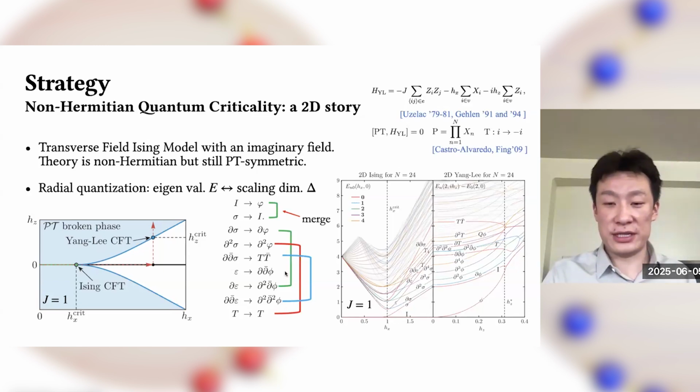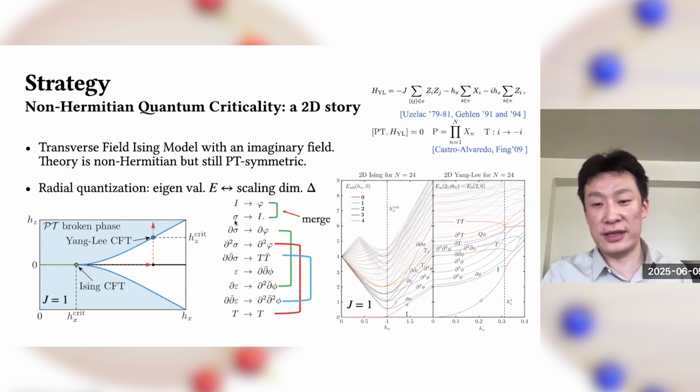And this really helped us find the corresponding operators across different dimensions. For example, we see that T goes to T, and I and sigma, so either I goes to phi, and later in 3D we'll find that sigma goes to phi. Then the identity and phi will be the pair that merge, and T and D square phi is the pair that's going to merge.